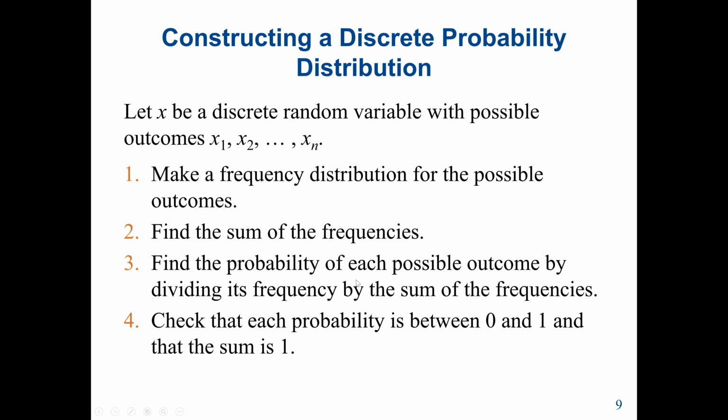From there, we can find the probability of each outcome by dividing the frequency of each outcome by the sum of the frequencies. Then we make sure that our answer is always between 0 and 1, and the total of the probabilities should be 1.